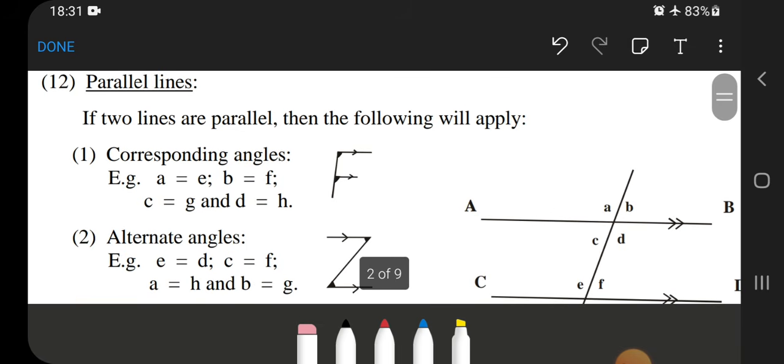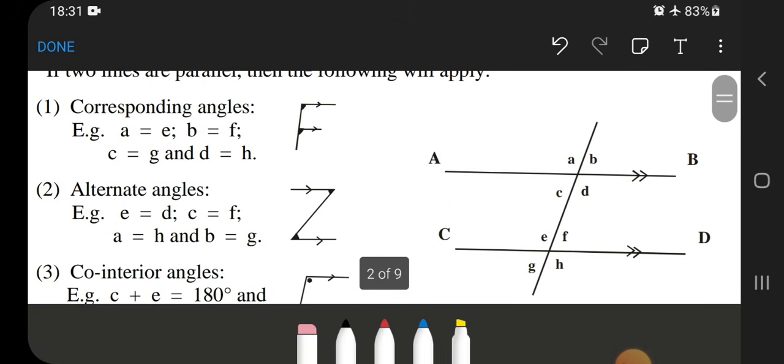Whenever lines are parallel, either in a square or a rectangle, whenever we just have parallel lines, corresponding angles, alternate angles, and co-interior angles will always be present. That's what you have to know.